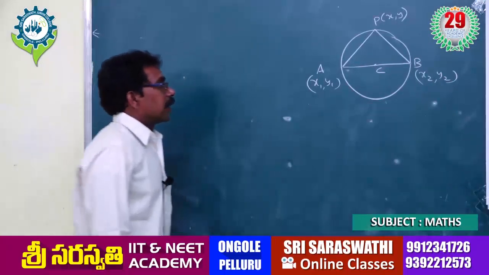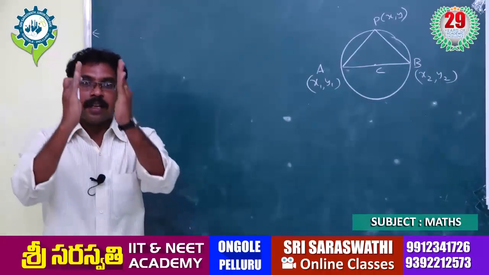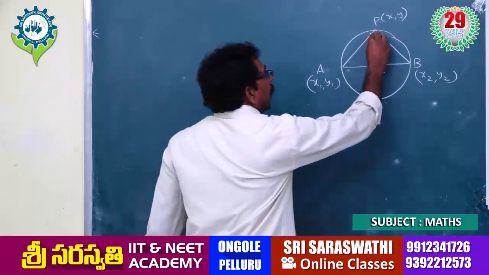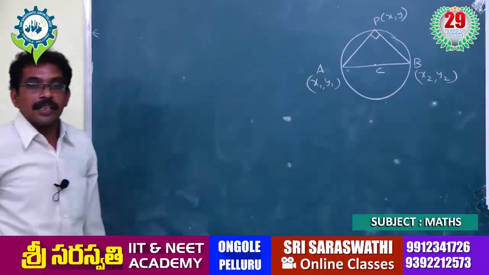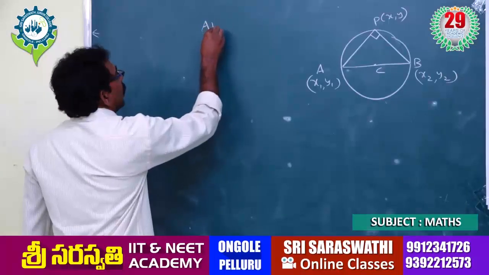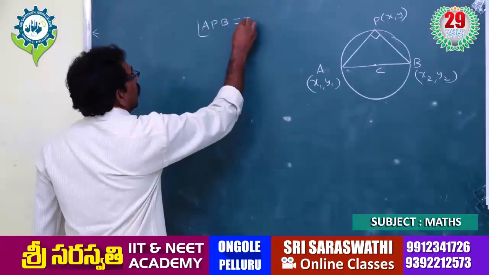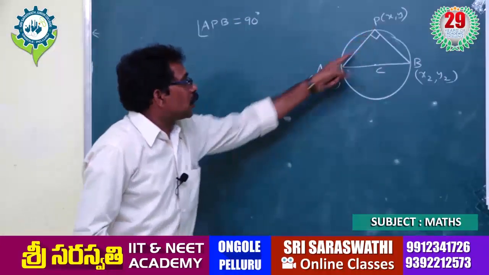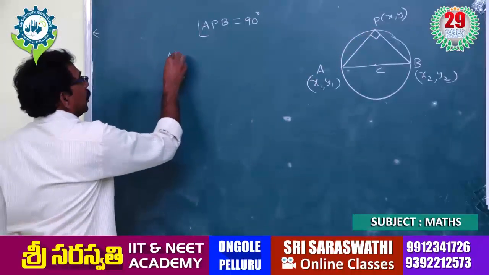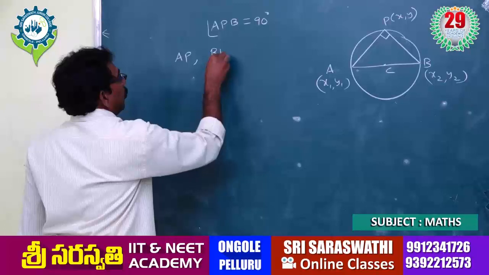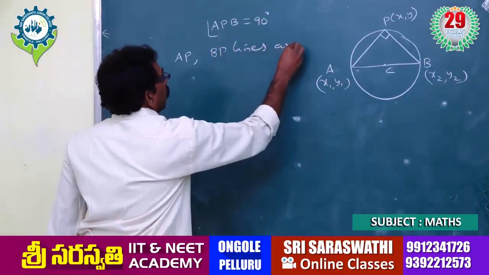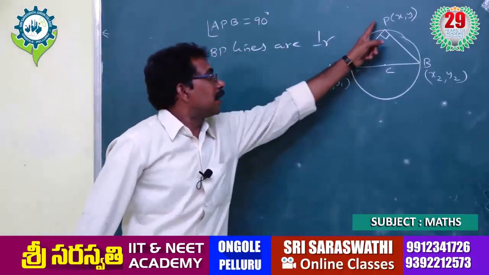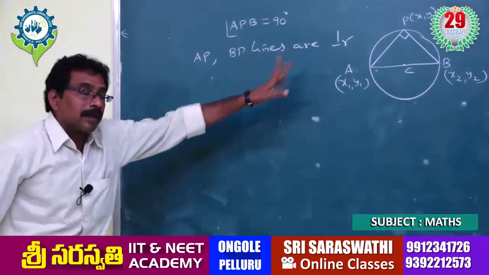Now, we know that the angle in a semicircle is a right angle. Hence, here angle APB is equal to 90 degrees. Hence, these 2 lines, AP and BP, are perpendicular.